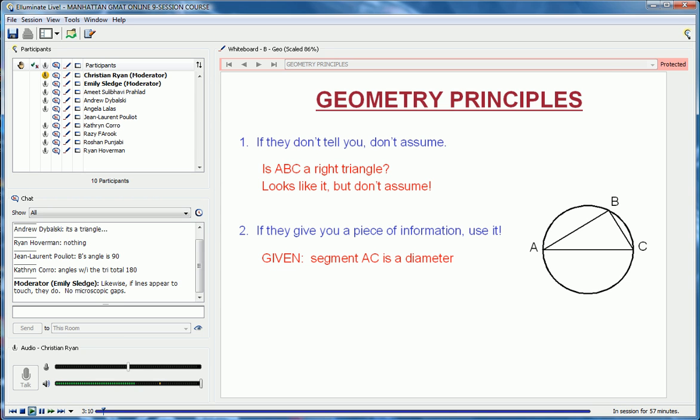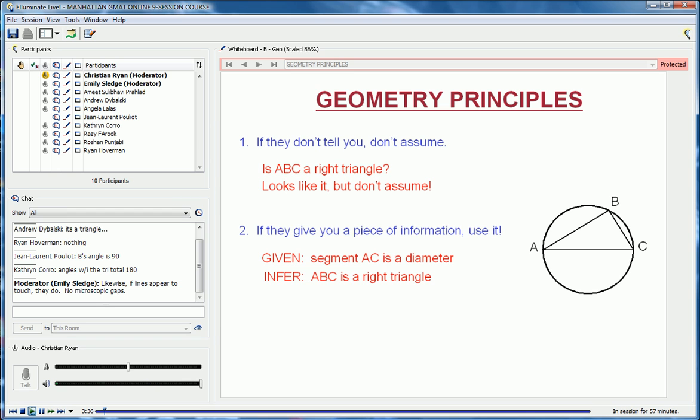Now, if we tell you that this is a circle, that the round thing around triangle ABC is a circle, which they would say, and if we tell you that segment AC is a diameter, not just any old chord of that circle, but an actual diameter, then you can actually infer Jean Laurent's point, which is that ABC is a right triangle.